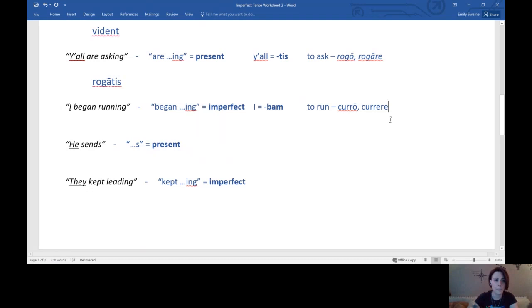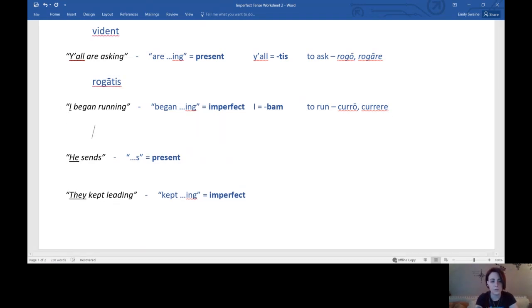So that's a different verb. So we're going to take curre, add our -bam, curre-bam, as in I began running. It's so cool that Latin is so efficient, right? It uses one word for this whole phrase. In English, that looks like a whole sentence for us, but really in Latin, we just use one word for that. It's so efficient. It's so great.